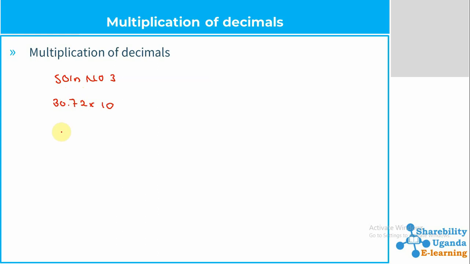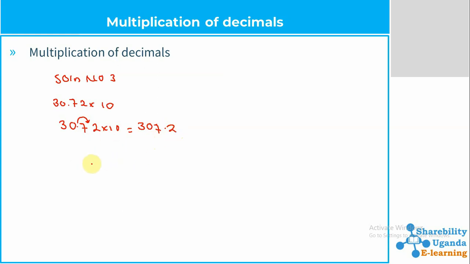So we can also use this as 0.72 times 10. When you have a 0 here, it makes this point shift. So now here we shall have our answer as 307. Then our point has shifted because of this 1 0. That is going to be 0.2.